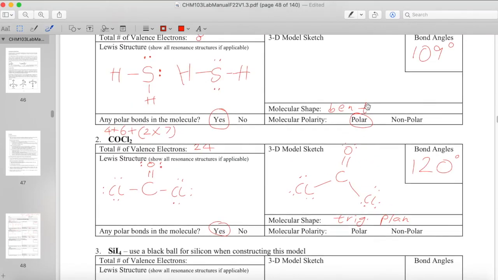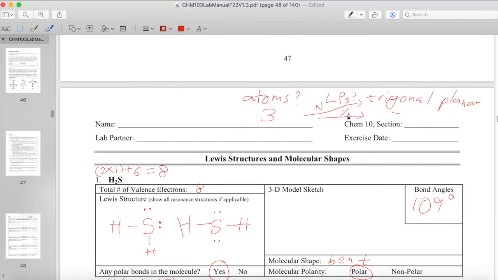Okay, now if you had a lone pair on that central atom, that lone pair would push those three atoms downward, and it would make what's called a trigonal pyramidal shape. Okay, so it still starts with trigonal, but it's pyramidal. That lone pair is going to push those three surrounding atoms downwards to make sort of the legs of your pyramid.